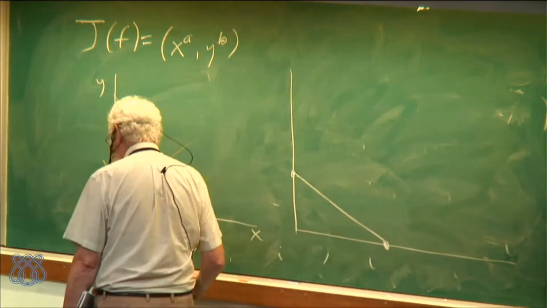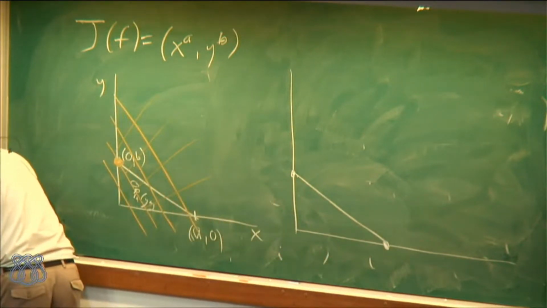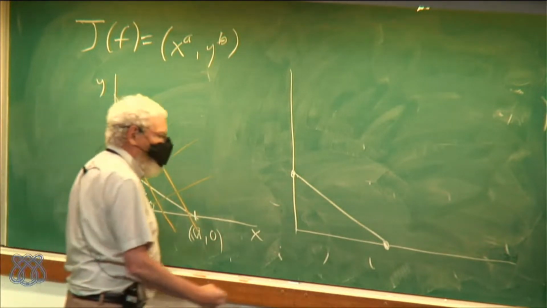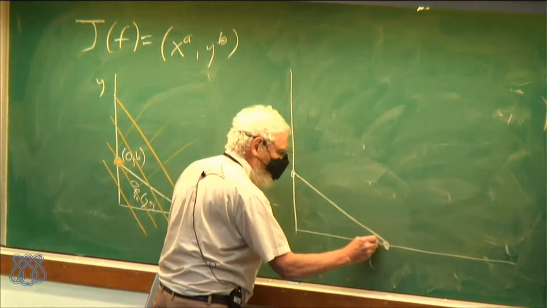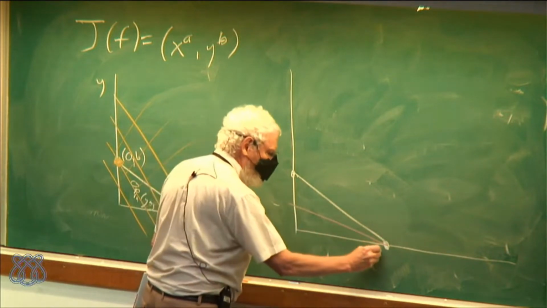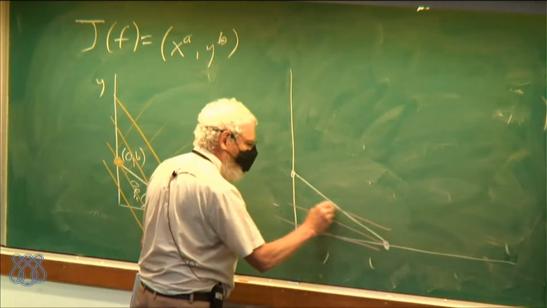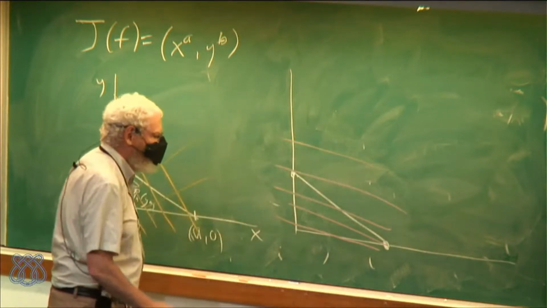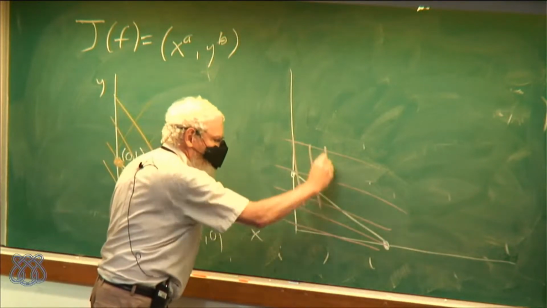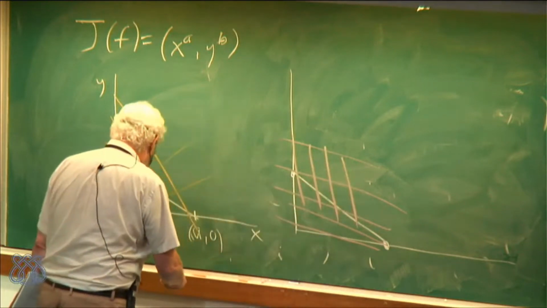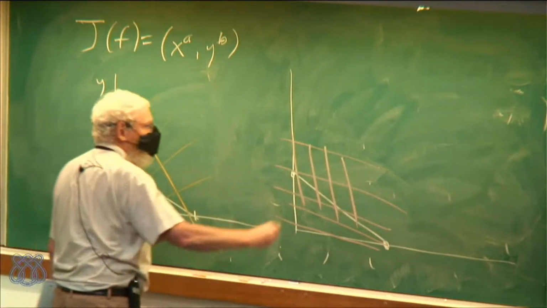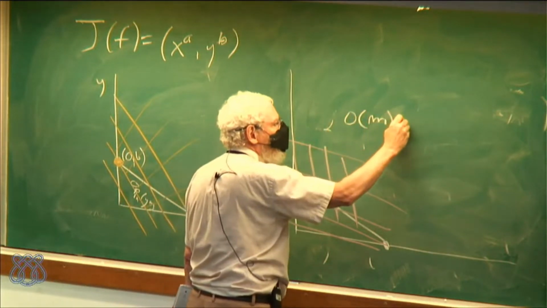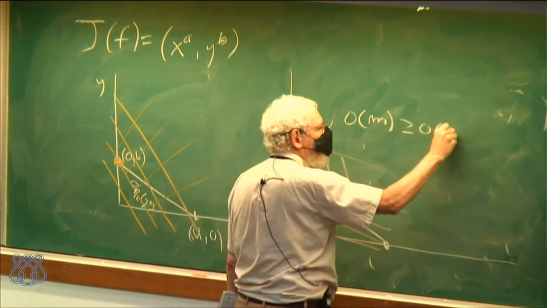Another possibility might be that you have a line determined by phi, which hits here. In this case, all of these have order x^a.